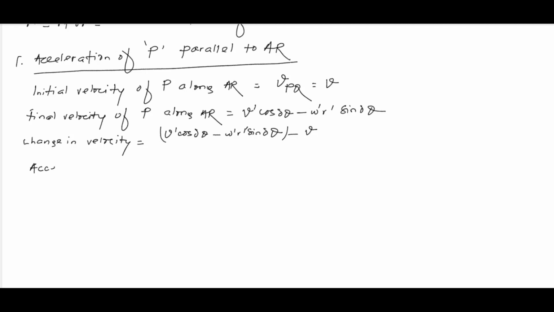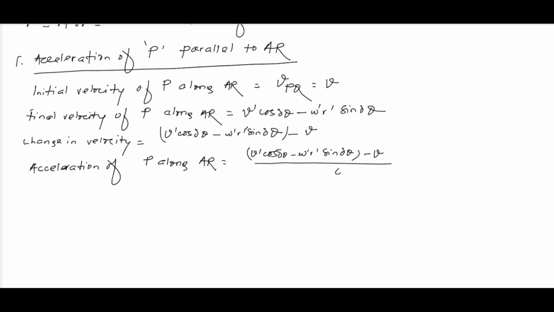Now acceleration of point P along the link AR will be change in velocity divided by time. So V dash cos del theta minus omega dash R dash sin del theta, okay, minus V divided by your time del t. So this is the acceleration of P along AR.